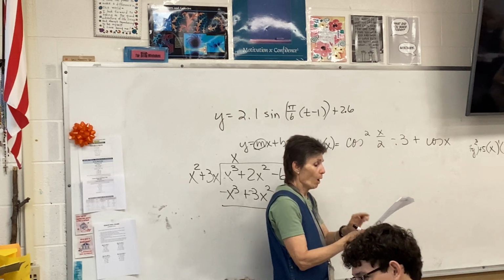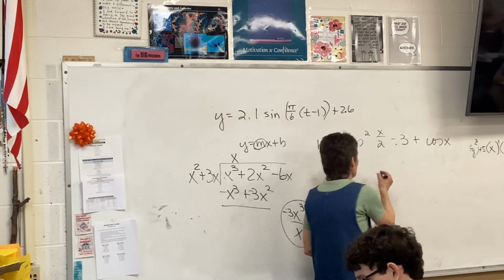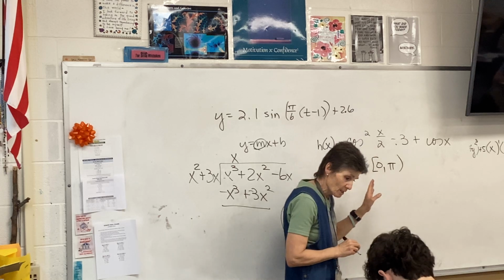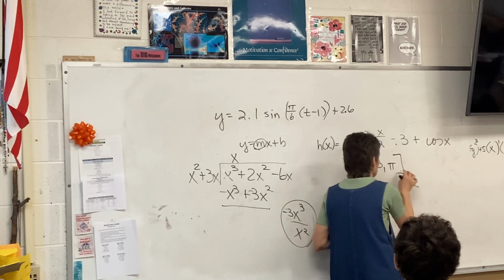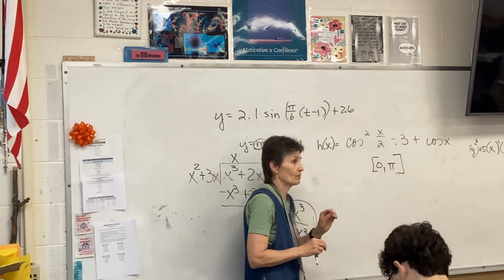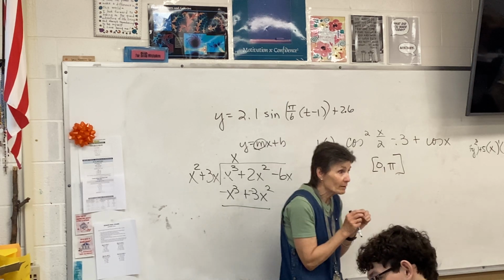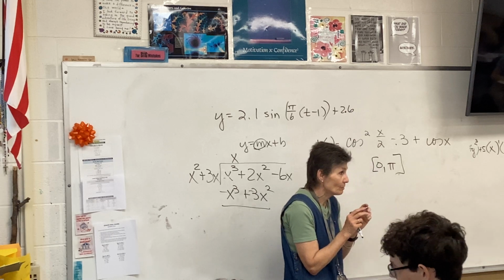Now, what are the zeros on the interval from 0 to pi? Kids, please do not mess around trying to solve this equation by hand. You have a calculator. So graph it and look where it crosses the x-axis. Does that make sense to you?